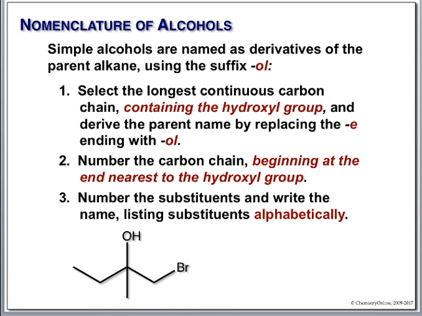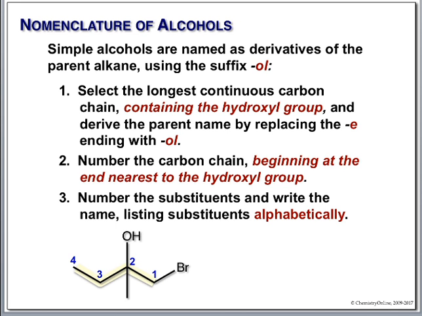Well, our longest chain here is going to be 1, 2, 3, 4 carbons, and it does contain the OH group. We're going to let this be carbon 1, so that could be 2. Now, as far as substituents go, carbon 1 has a bromine. So a 1-bromo.